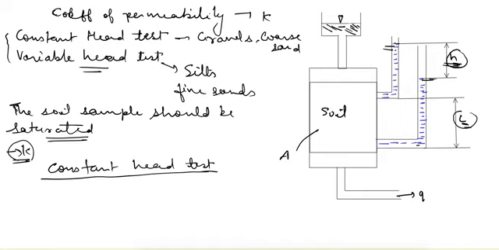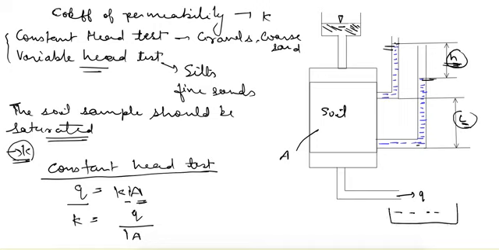So from here, using Darcy's law, discharge is equal to KIA. If discharge is constant, hydraulic gradient is constant, and area of cross section is given, we can find out the coefficient of permeability by Q upon IA. Here discharge is measured using a measuring tank.